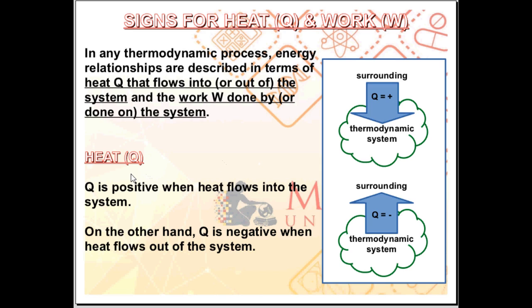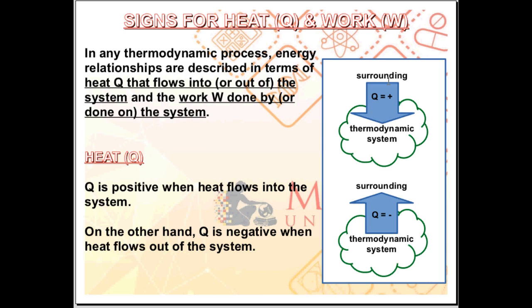First, let's look at heat Q. Q is positive when heat flows into the system. So from the surrounding, heat flows into the thermodynamic system. Q is said to be positive, whereas Q is negative when heat flows from the thermodynamic system and into the surrounding.